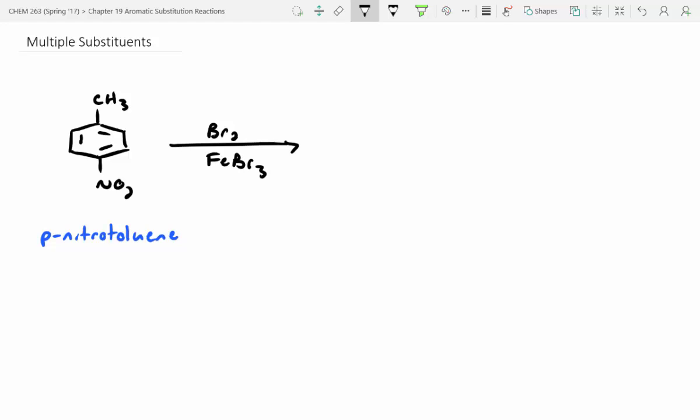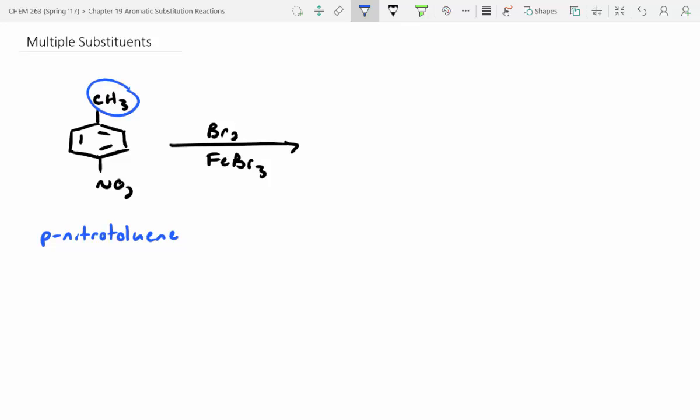So now the question is, which carbon is going to be most reactive? Is it going to be this top carbon, or is it going to be this lower carbon down here? The red one? All right, so let's go ahead and try to rationalize this. If we look at this top group up here, is this going to be an ortho-para-director or a meta-director?